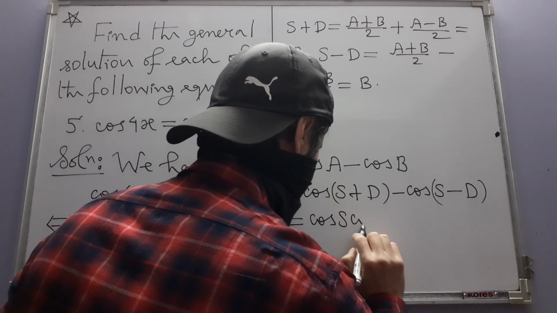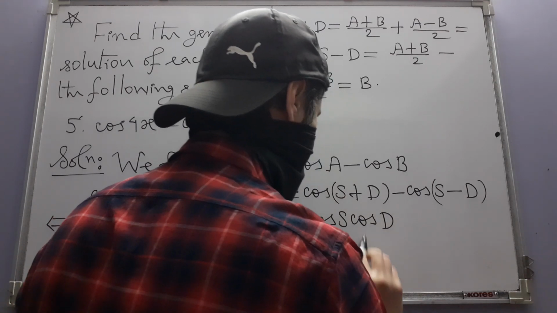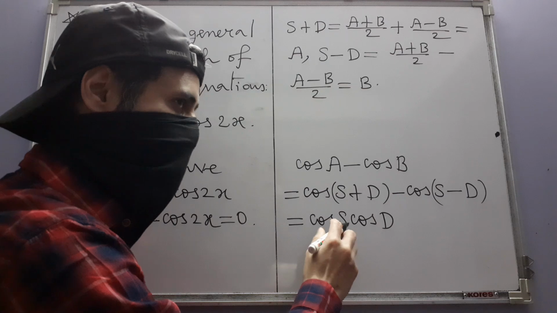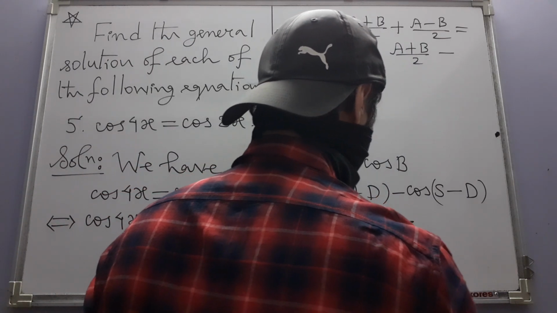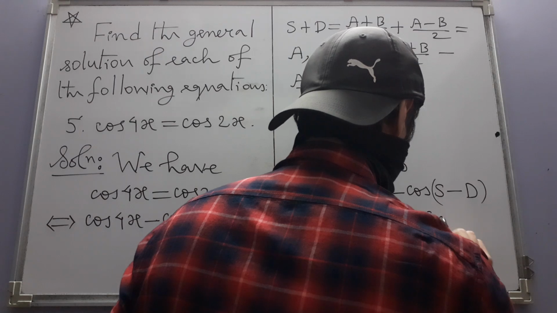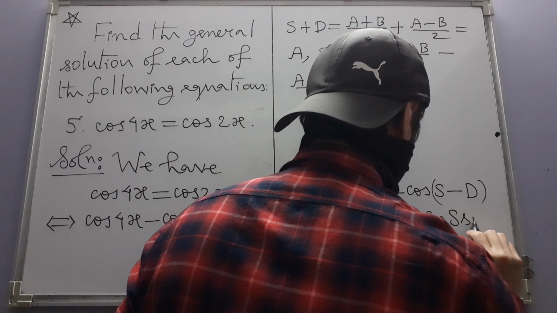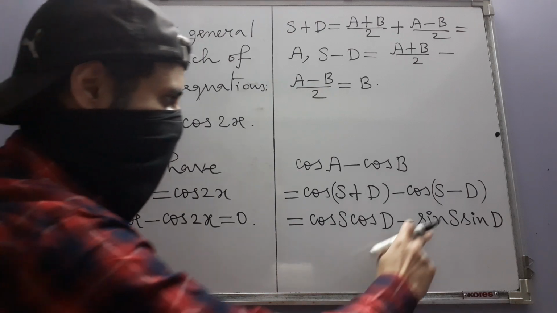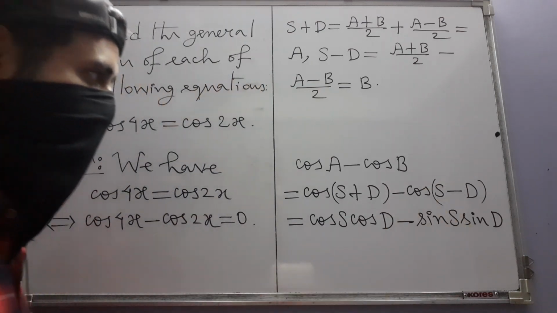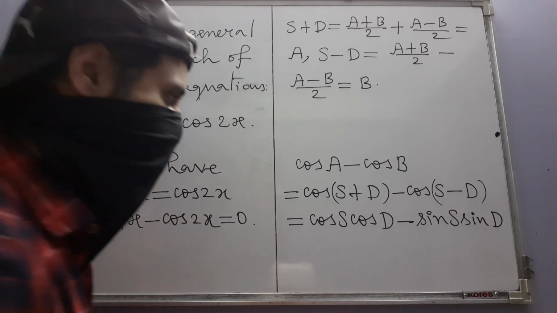Cos S cos D. Recall that whenever we have plus, the formula tells us to write minus: sin S sin D. As opposed to this, whenever we have minus, then the formula has both plus terms.